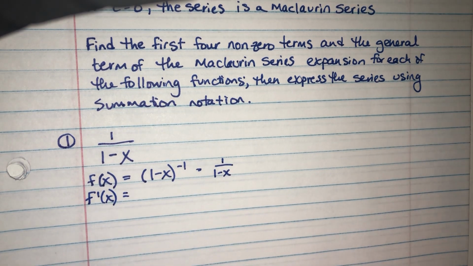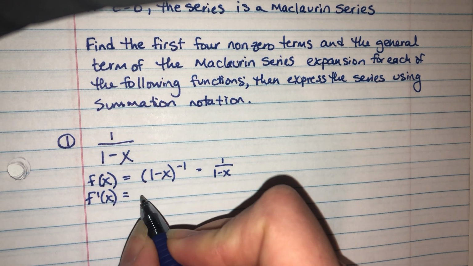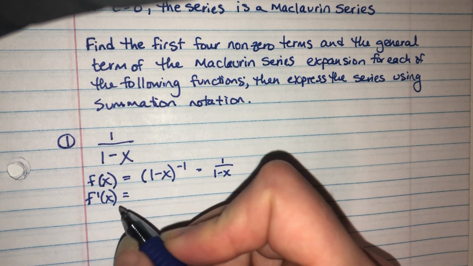How many derivatives are we going to have to take? Well, we're doing the first 4 non-zero terms, so assuming none of them zero out, we're going to need 4 derivatives to do this. Well, we might need more or less. We'll just start with 4 and see how that goes.